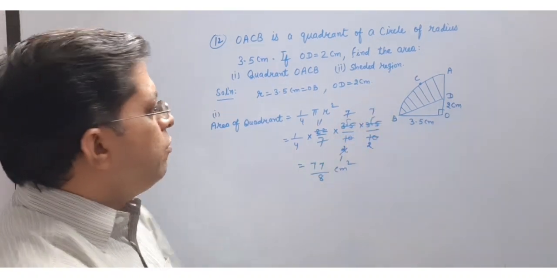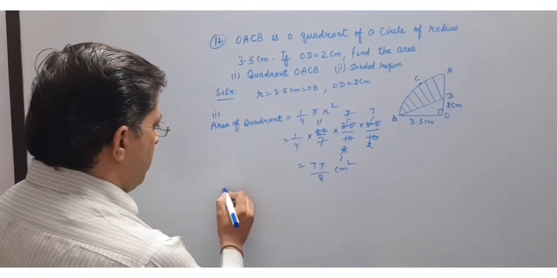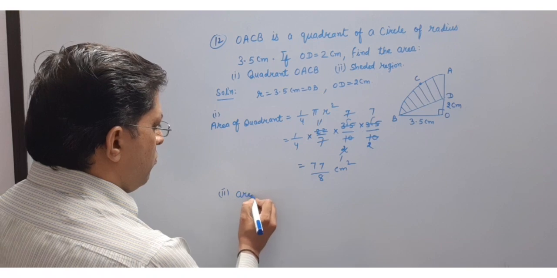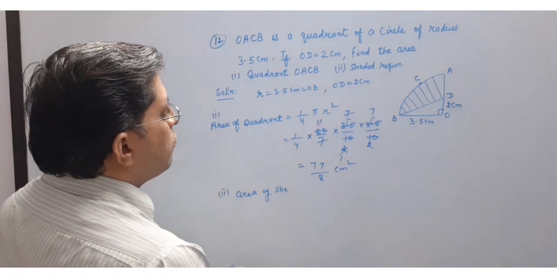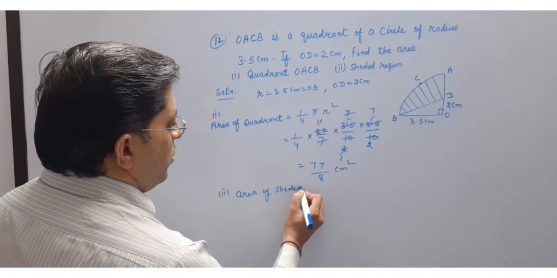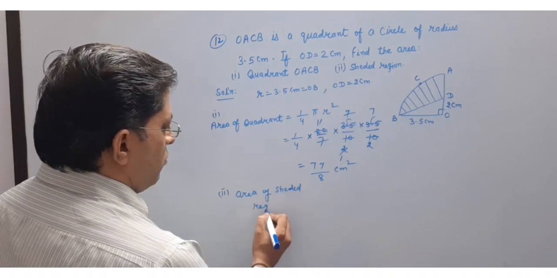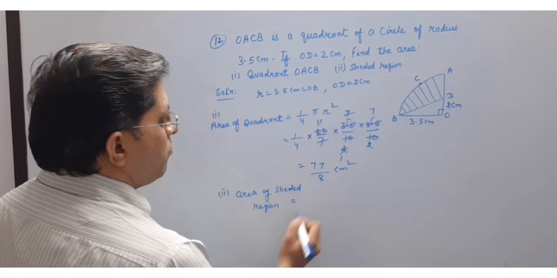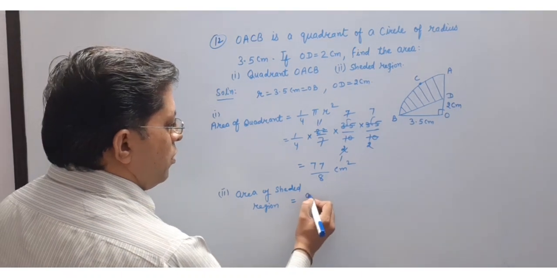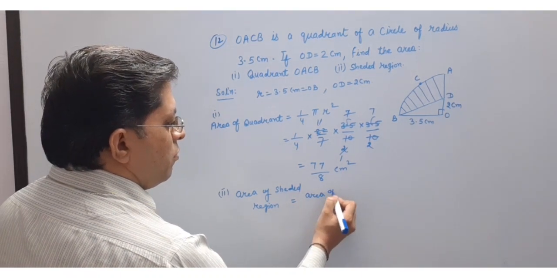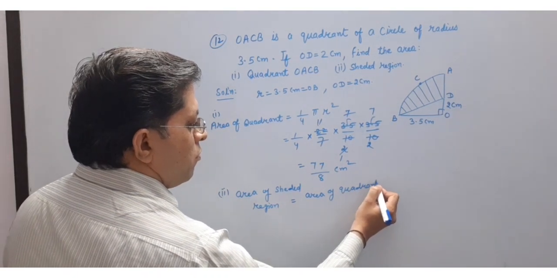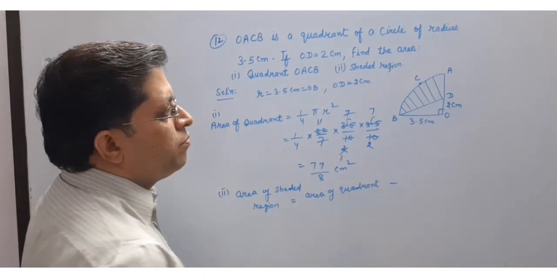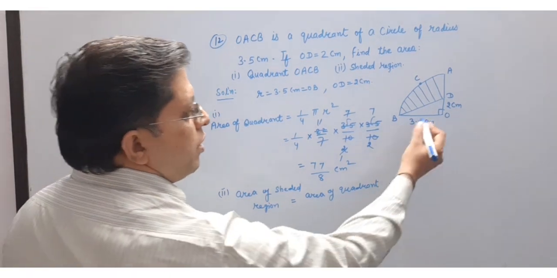Then you have to find out area of shaded region. Area of shaded region is area of quadrant minus area of right triangle.